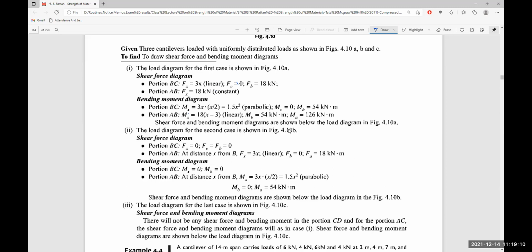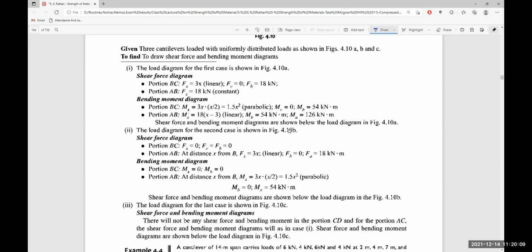Mc is 0, and Mb is equal to 54 kilonewton meter. For portion AB, Mx is 18 into x, linear.